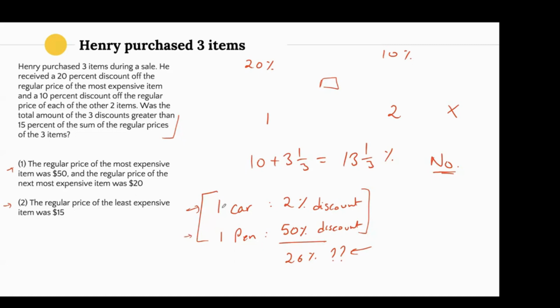Indeed. Number of cars and number of pens doesn't work. Think about it. Overall, now I'm saying, oh, I've got a 26% discount. So let's say the car was 10 lakh rupees and the pen was 10 rupees. So 26% means I've got 2.6 lakh rupees discount.